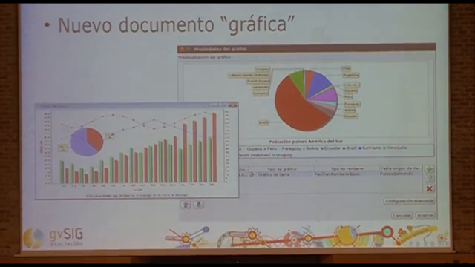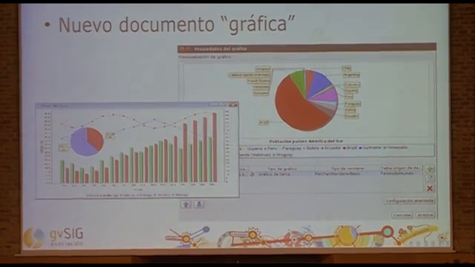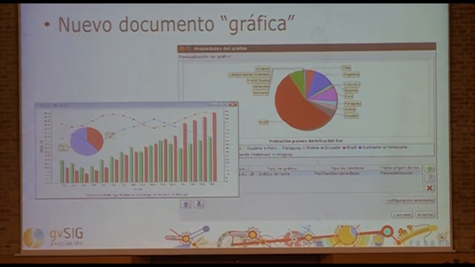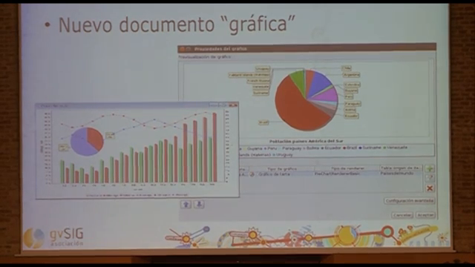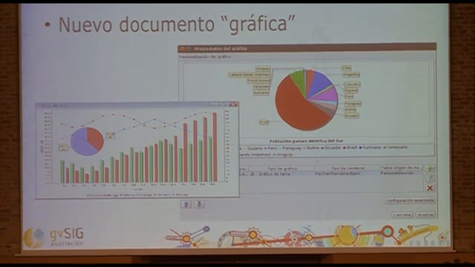The new Grafica document has already been released. It allows us to produce charts based on sector layers. There are 3 possible graph types: bars, pie chart, and lines, as you can see on the screenshots.